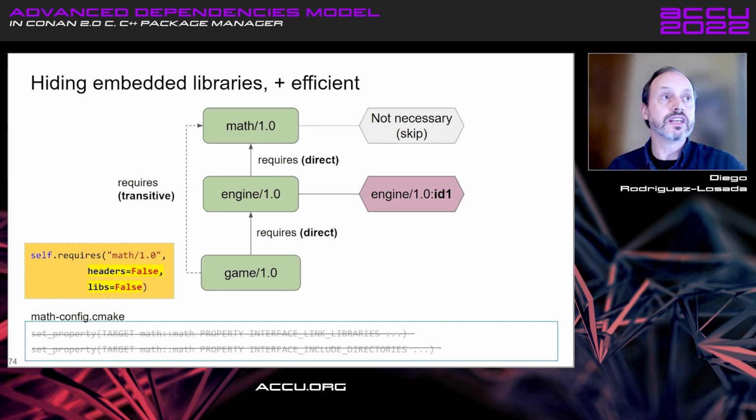And this can result in huge time savings, because if you have a 150 package dependency graph, and you are building an application that depends on just 3 shared libraries, doing a conan install will fetch just 3 binary packages out of the 150. And that is really saving you a lot of time in CI and also in your developers' machines and developers' time.